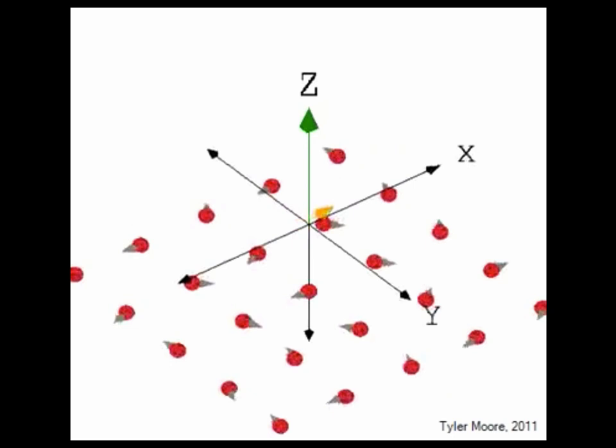One variant of this is you can have the same effect, but due to a small local background gradient in the magnetic field. And that's called T2 star. Okay? And that's actually what's important for BOLD contrast. I'll show why that is in a little bit.